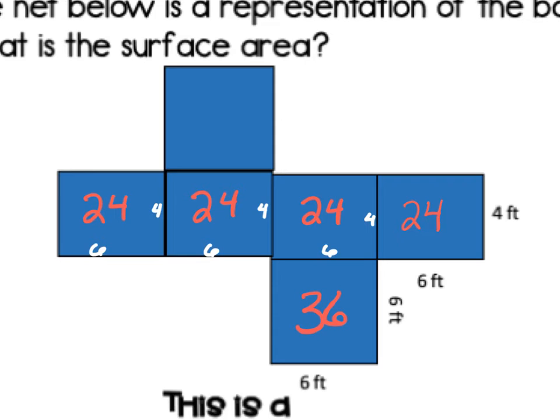And now I'm done with all except this square here. And this can be done pretty easily. If this base is 6, that means this has to be 6 as well. So let's go ahead and write our 6 in there. And then right here, if this is 6, we already know this is 6, right? That means this has to be 6.